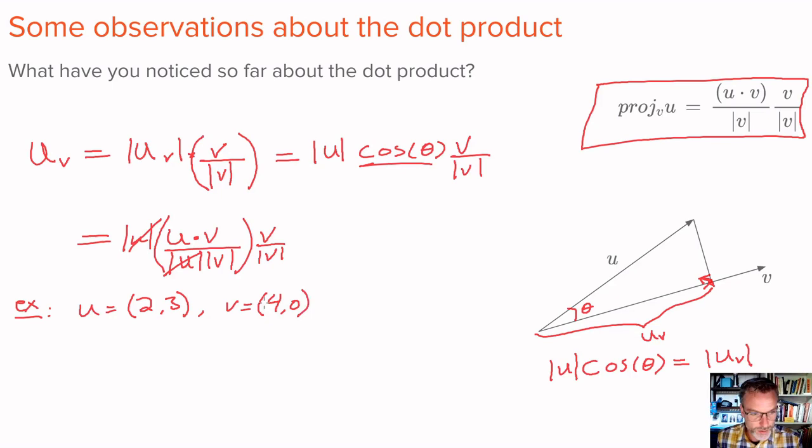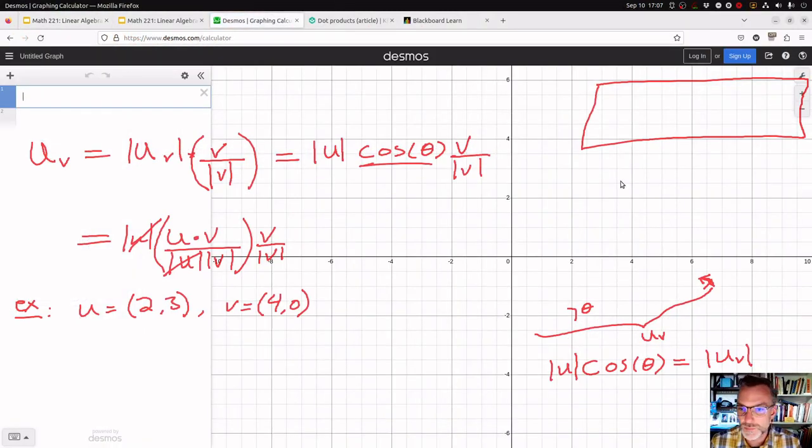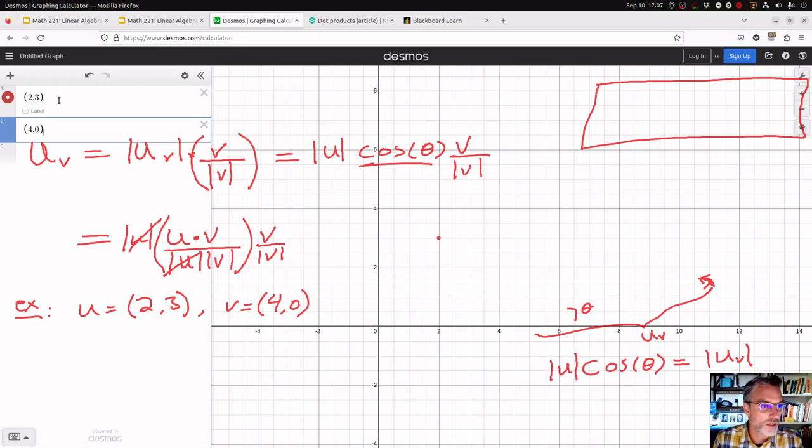Okay. Now, before we even set out and calculate this, why don't we just drop down to Desmos and plot these two, just so we can look at the situation, see what the answer might be. So this u is a vector from here to this red dot, v's from here to this blue dot.